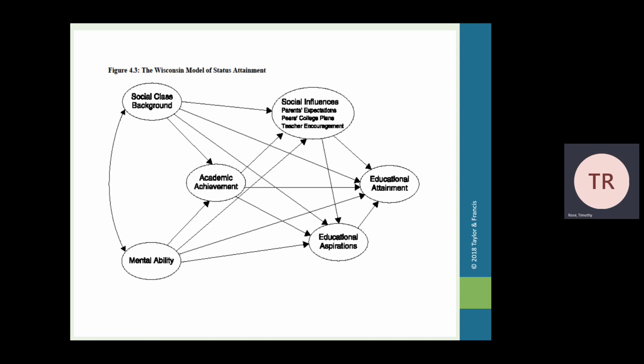But after accounting for that, using our math, we can determine whether social class background, because of its effect on academic achievement, is having an effect on educational attainment, independent of the direct effect it has. And we do find that. We find that social class background doesn't just have a direct effect on educational attainment, but it also affects educational attainment through its impact on academic achievement.